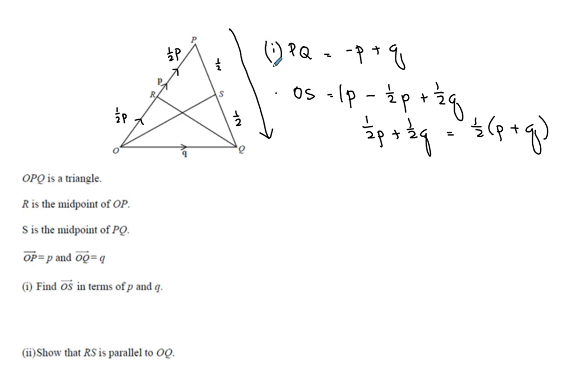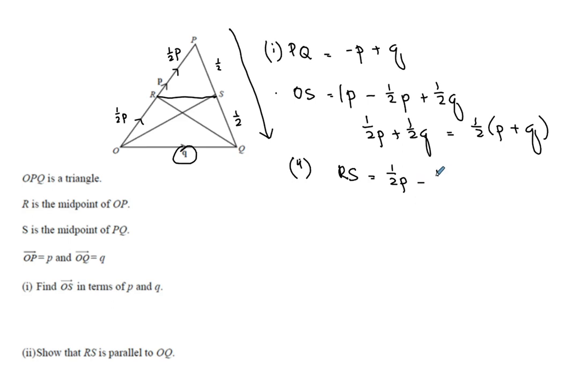And then part 2, show that RS is parallel to OQ. So you know there's going to be a root of Q there. So let's go RS. That was easy because we're following that same thing, but instead of doing P, we're doing half P. So RS equals half P and then half of PQ.